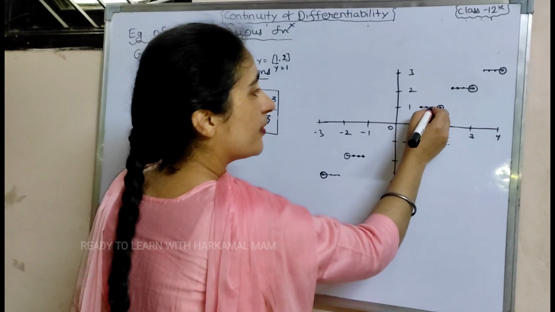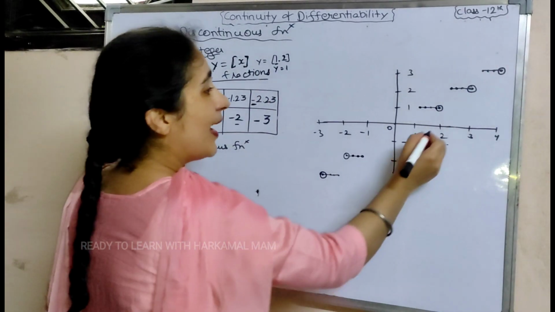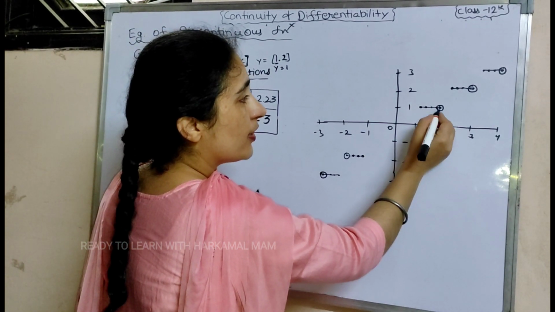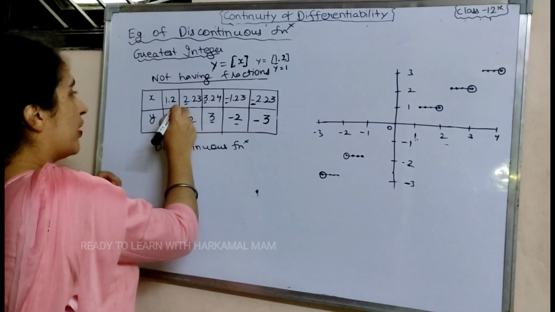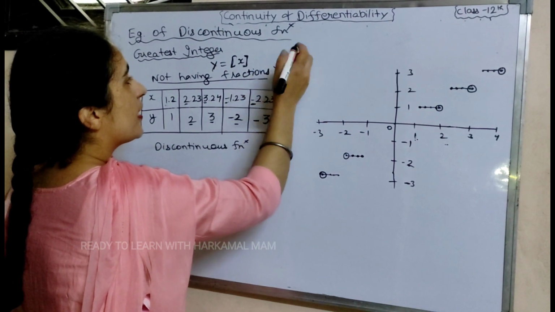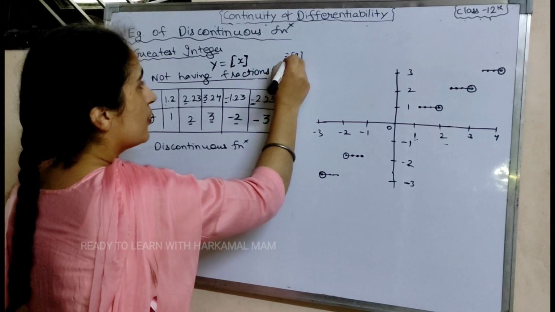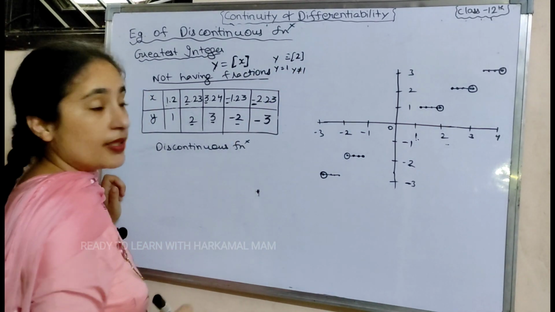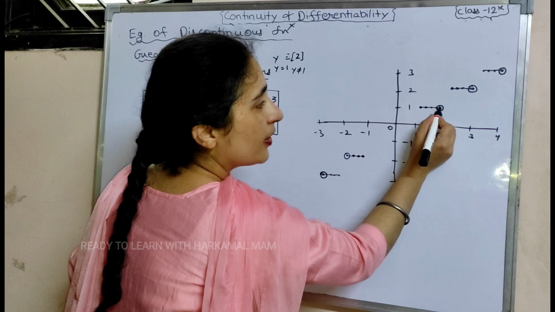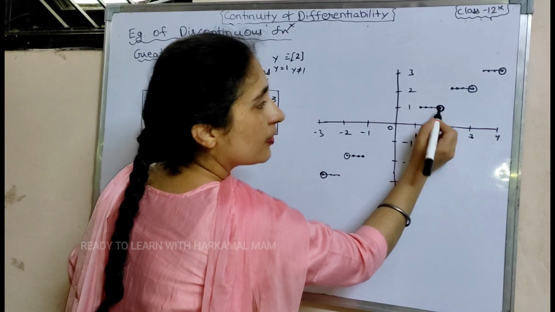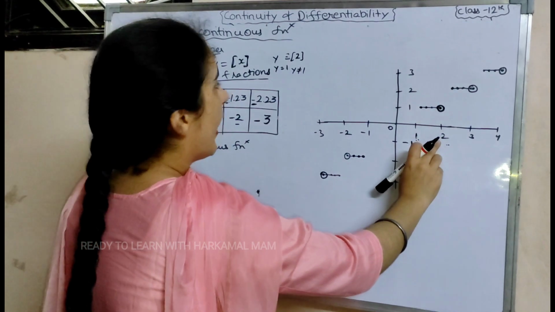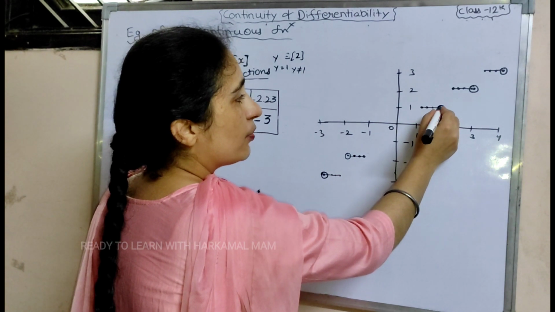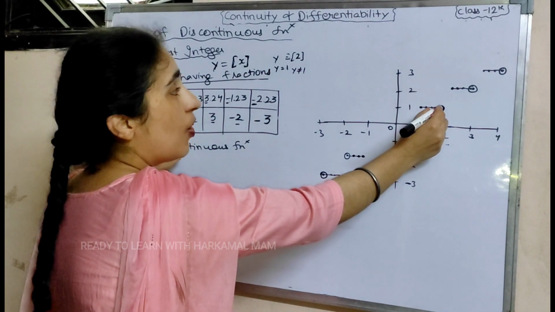When we take x is equal to 2, the value of y is what? Y is not 1. That is why we are using this symbol. So at x is equal to 2, the value of y is not 1.